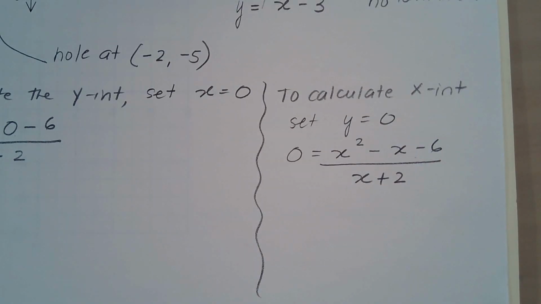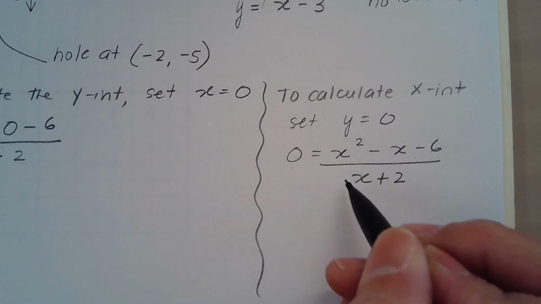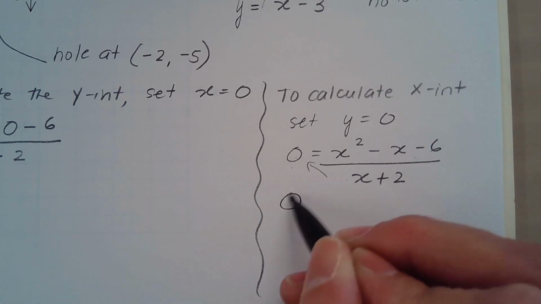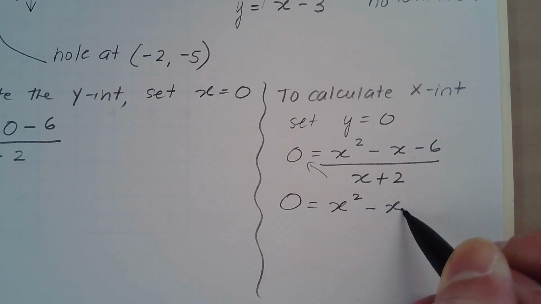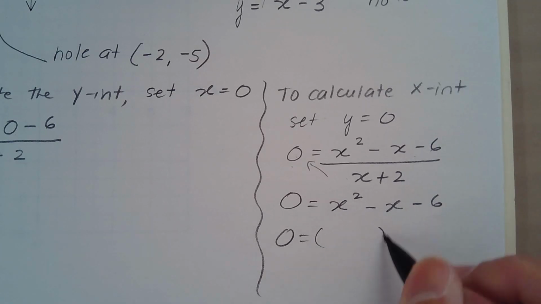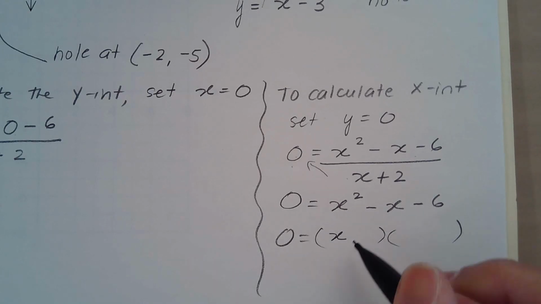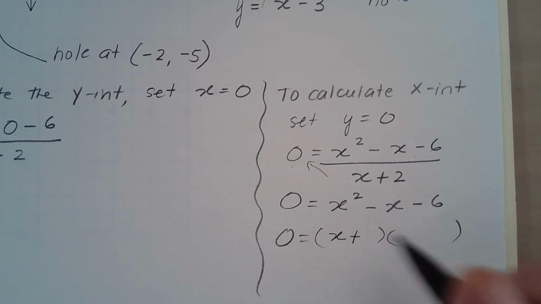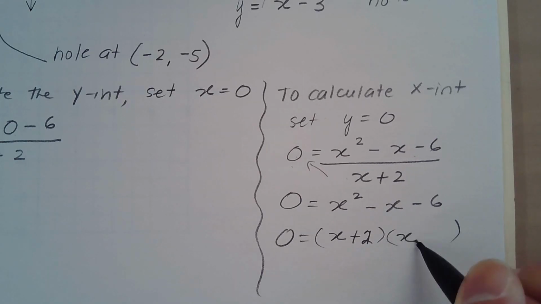How do we do that? We cross multiply, so that's 0 equals x squared minus x minus 6. You factor that: x plus 2, x minus 3.